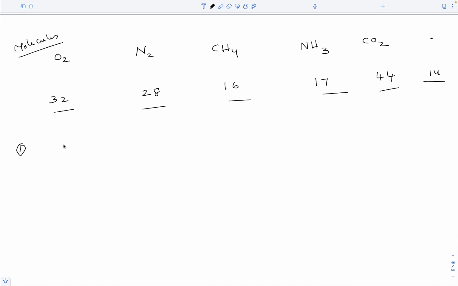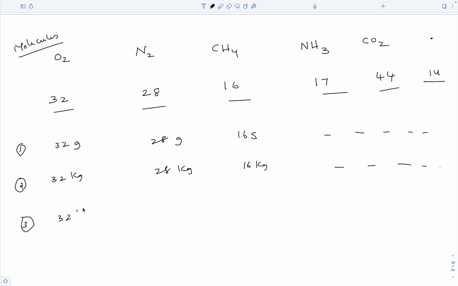So one option is to take 32 grams of oxygen, 28 grams of nitrogen, 16 grams of methane, and so on. Second option is to take 32 kilograms of oxygen, 28 kilograms of nitrogen, 16 kilograms of methane, and so on. The third option is 32 pounds of oxygen, 28 pounds of nitrogen, 16 pounds of methane, and so on.